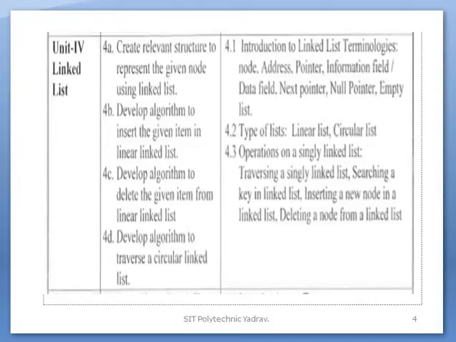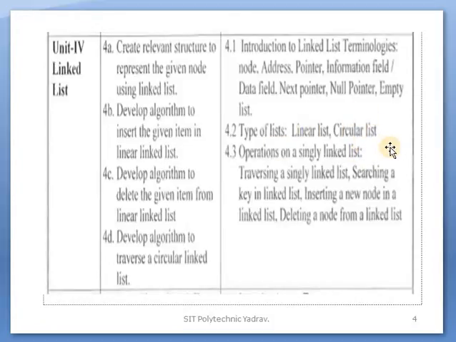Concentrate on the main point, the singly linked list. And the other types of list, the doubly linked list and circular linked list, I am also teaching to you, but these 2 types are only for your understanding purpose. It is not necessary to study them in detail, because they are not in the syllabus for you. Under the types of list, one point is circular list. This point is only for types of list, meaning the concept is important.